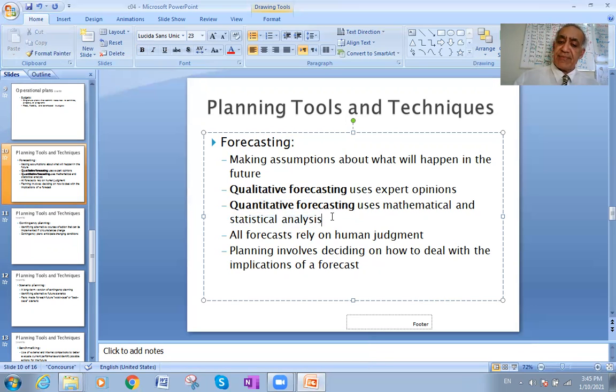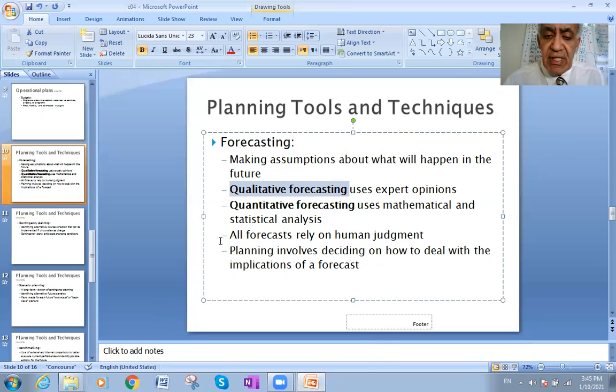And of course, the quantitative is very important and more precise than the qualitative one. It's very accurate, and it gives good results because it's objective. It depends on the numbers. It does not depend on the opinions of others. But the qualitative depends on the opinion of the decision maker, his experience, his personal expectations.